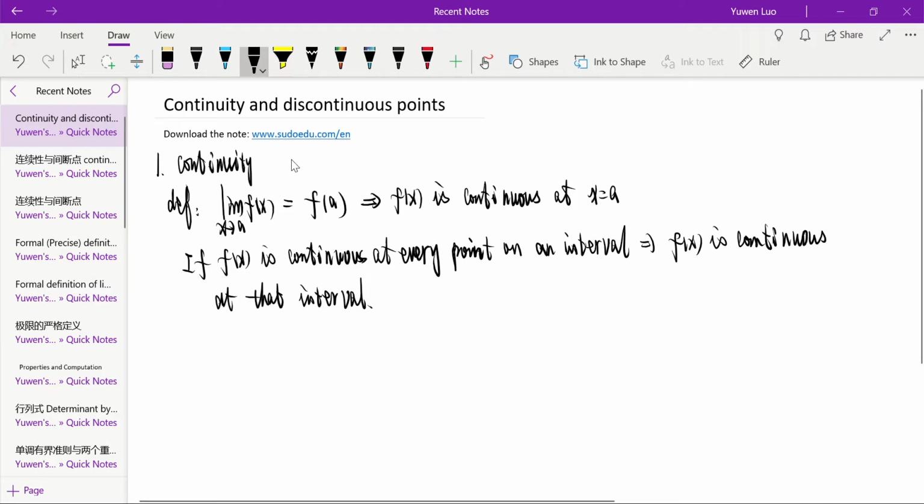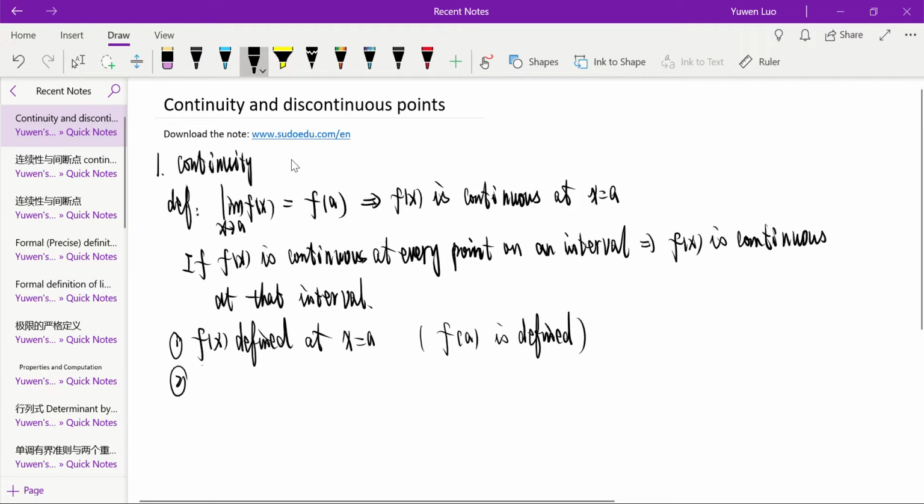From the definition, we know that there are actually three conditions. The first one: f(x) should be defined at x equals a, that is, f(a) is defined. The second condition is that the limit should exist.